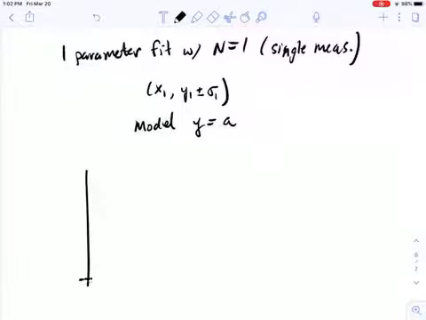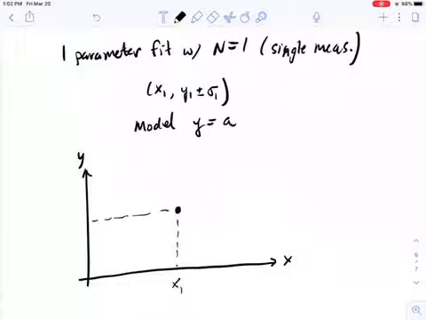So if we were to plot our data, we would have our x, y coordinate system, and then somewhere over here, when x equals x1, we've made a measurement of y1, and we have some uncertainties plus or minus sigma 1. Okay, now we don't know what the true value of our fit parameter a is, but let's just assume that it was this red point.